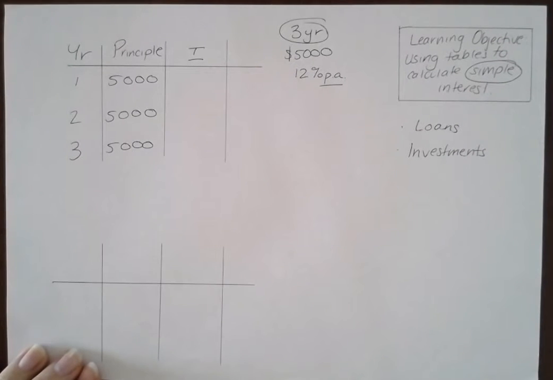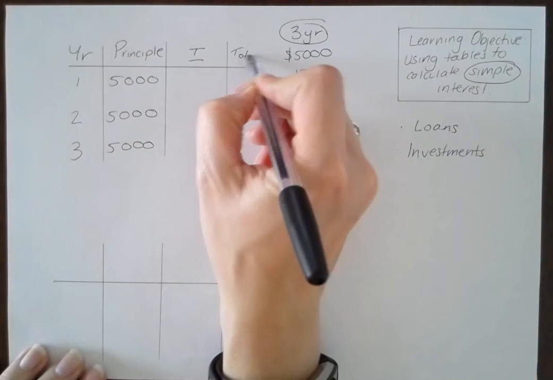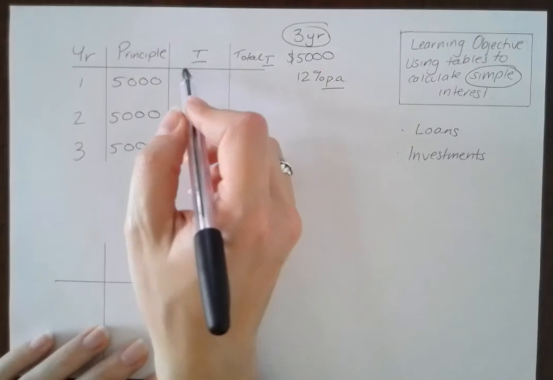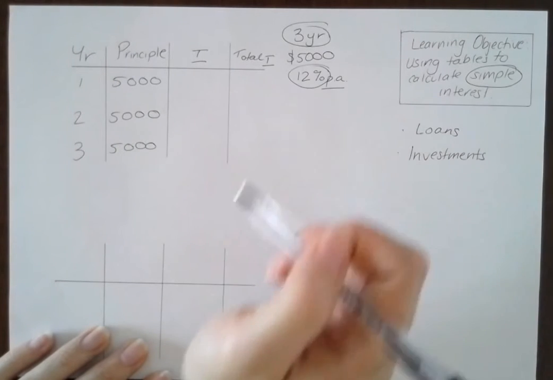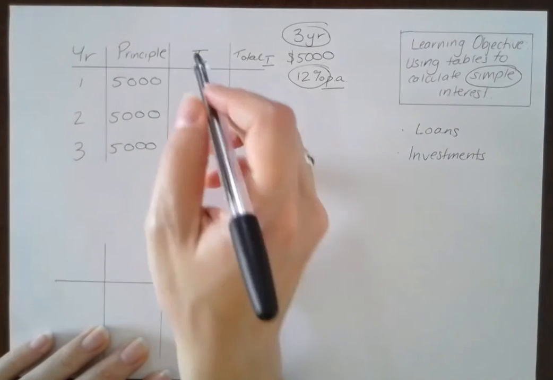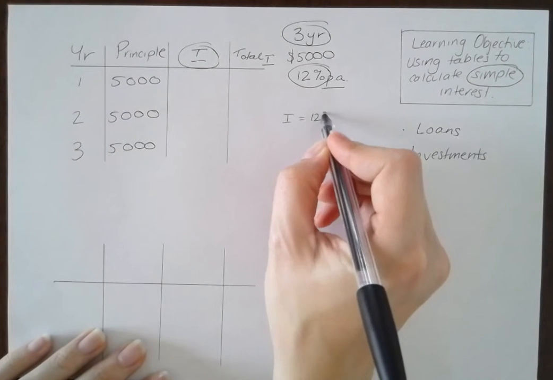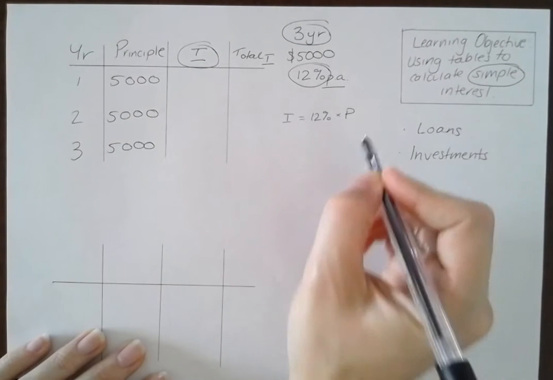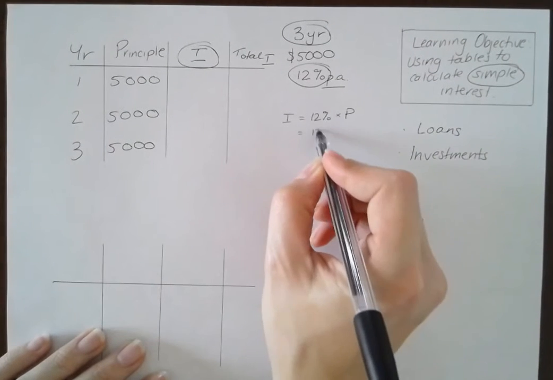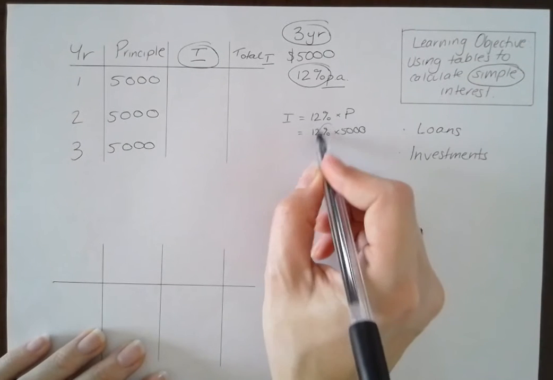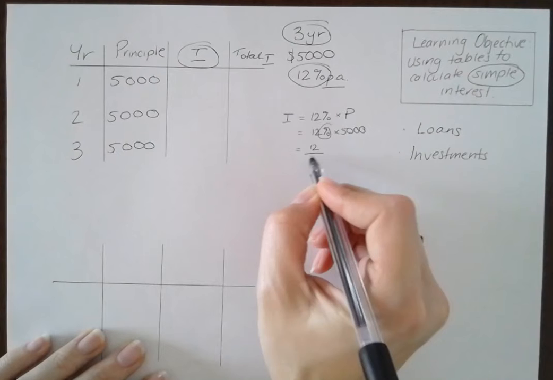So the bank said to us, all right, you borrowed our money, we are going to charge you a little bit of money to do that. And then we're going to find out our total interest over here. Now the way we calculate interest, in this case, we're looking at 12%. To find out how much interest, we would need to do interest equals 12% multiplied by our principal. In this case, 12% multiplied by 5,000, and percent means divided by 100.